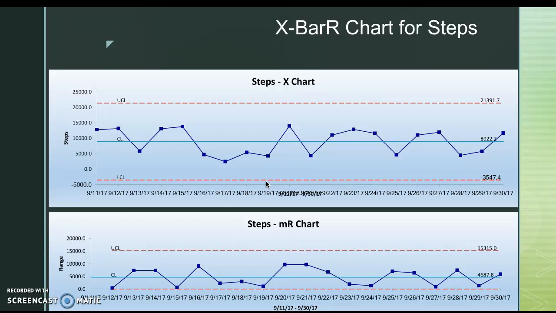As you can see here, the range of my data is way wider than that. In this example, my range is somewhere from -4,000 to 22,000, and that is why it seems that the process is in control, but in true conditions it's not. We will see that further down the line in this presentation.